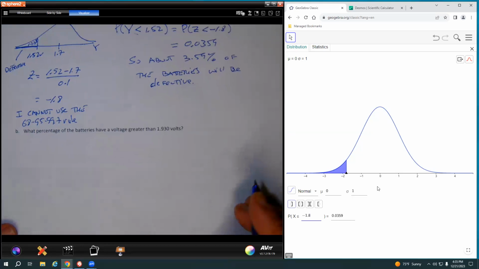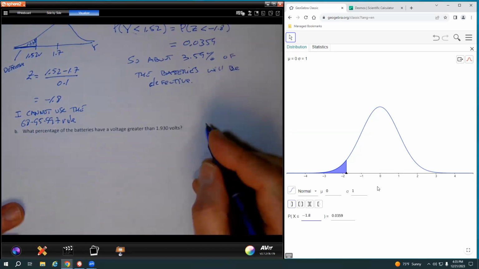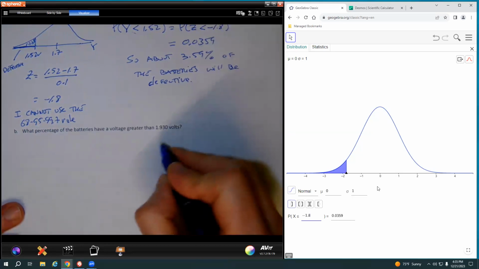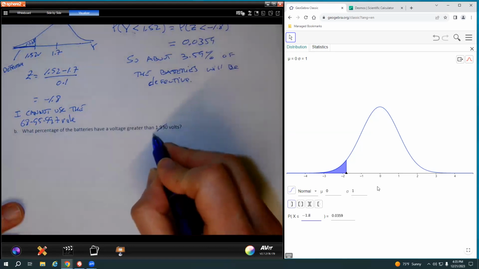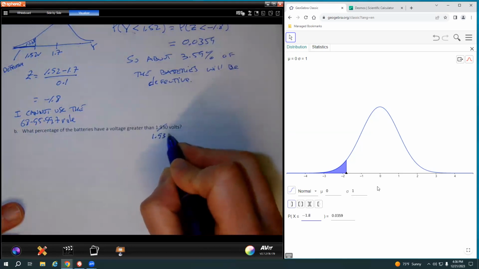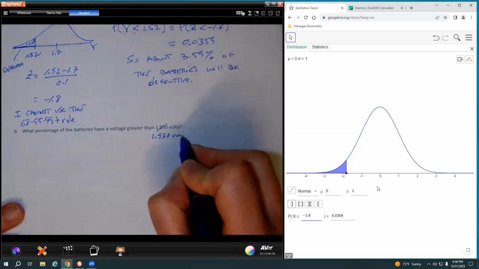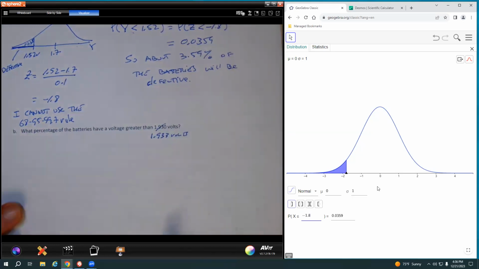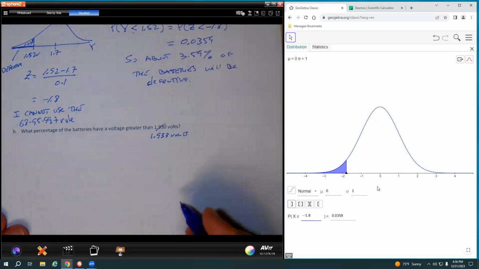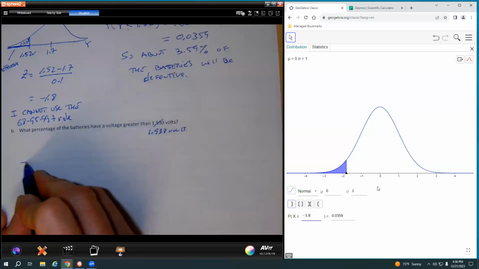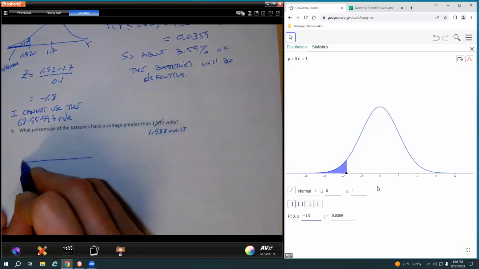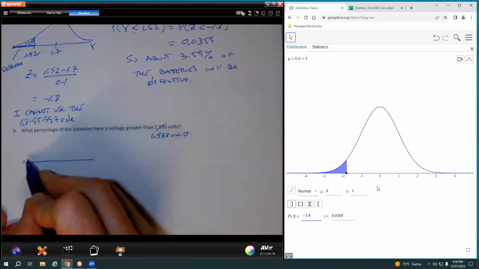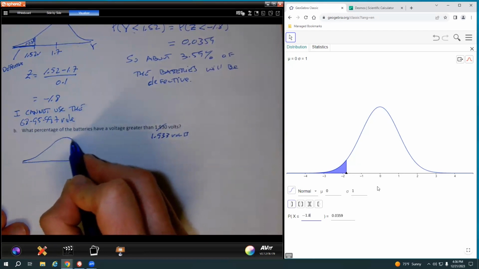Something else. Let me do the following. Let me do something here. I'm not going to calculate that. I'm going to go 1.933 volts. That's what I'm after. What percentage of batteries will have a voltage greater than 1.933 volts? So again, I'm going to draw my picture. I'm going to use the mean and standard deviation that I'm seeing above in the picture here.